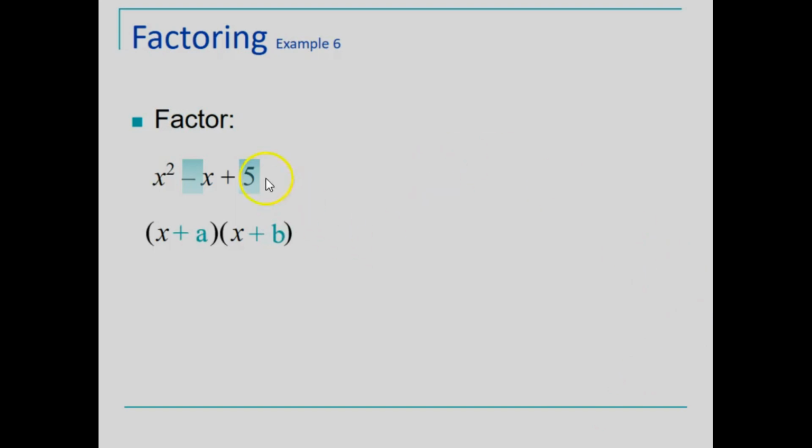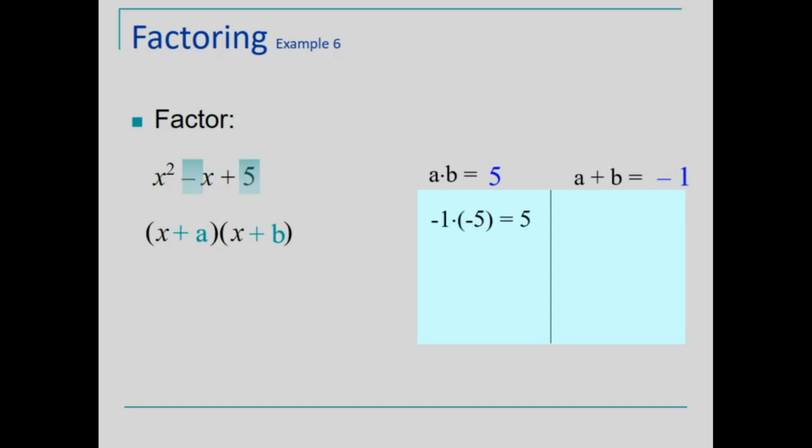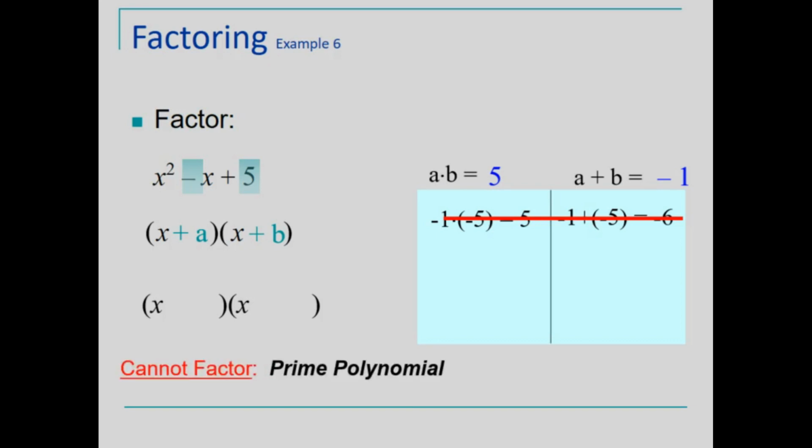Factors of 5, both signs being the same and both being negative, will give us the following possibilities, looking for that sum of -6: -1 times -5, when added, gives -6. Since this is a prime number, we have no other options, and when this occurs, we find that this polynomial cannot be factored using the rational numbers. It is said to be prime.